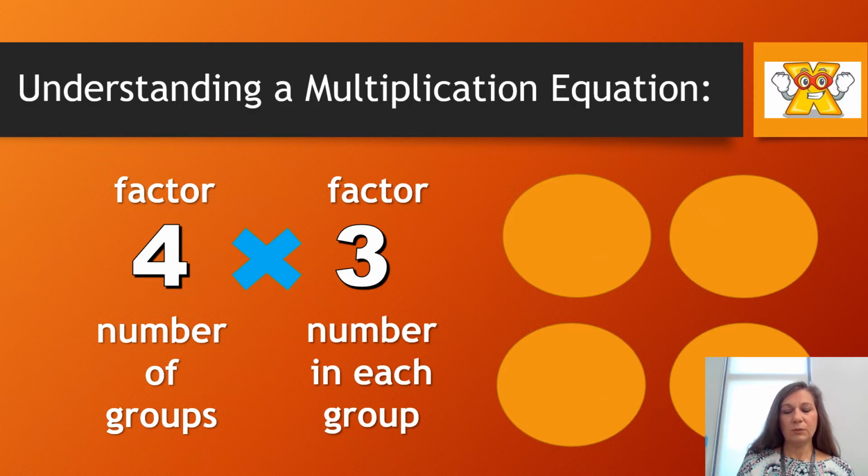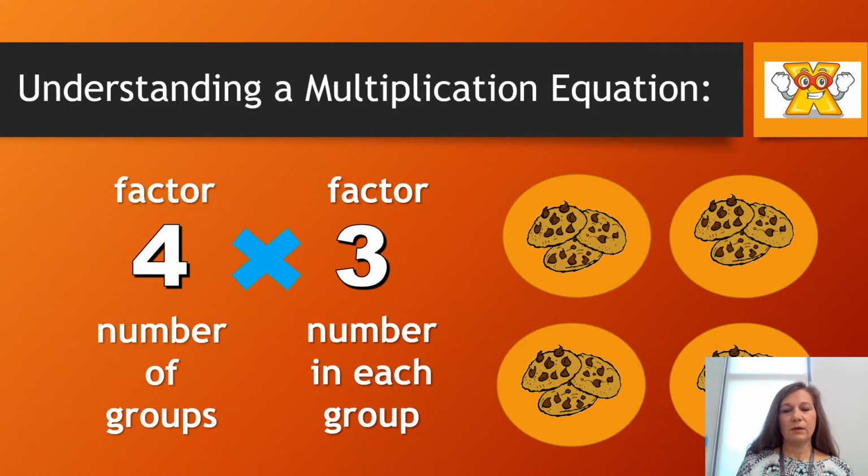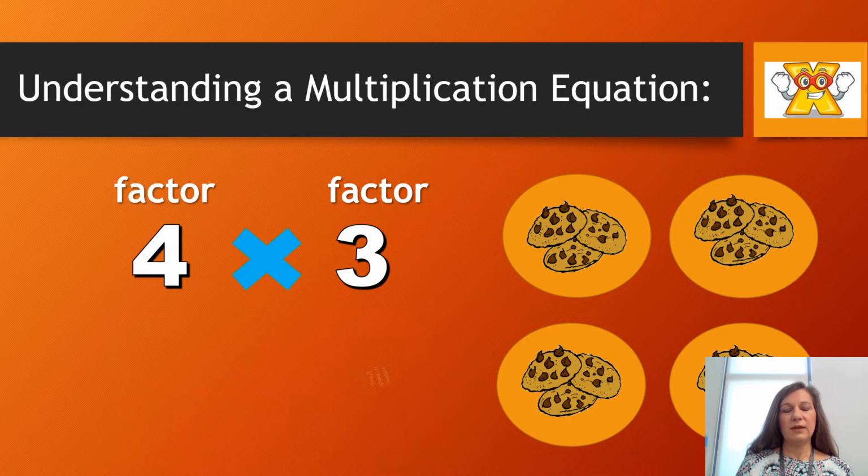When we think of the multiplication symbol, we should also be thinking about the multiplication symbol as being like groups of. So if we replace the multiplication symbol, we could also replace it with groups of. So I could say 4 groups of 3, which is what is in our picture here to our right.